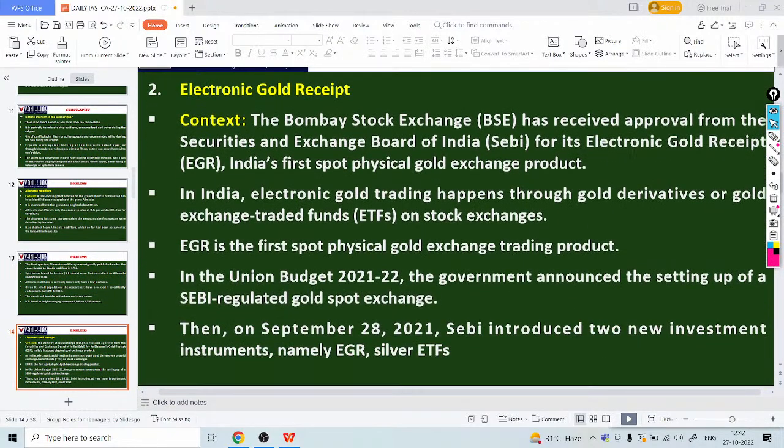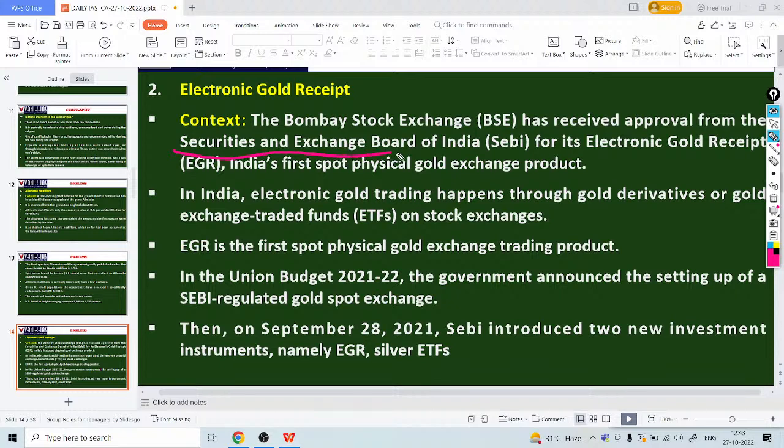Okay. The next news is about the electronic gold receipt. What is it? The Bombay Stock Exchange has received approval from the Securities and Exchange Board of India, SEBI, the capital market regulator. So SEBI acts as the capital market regulator in India.